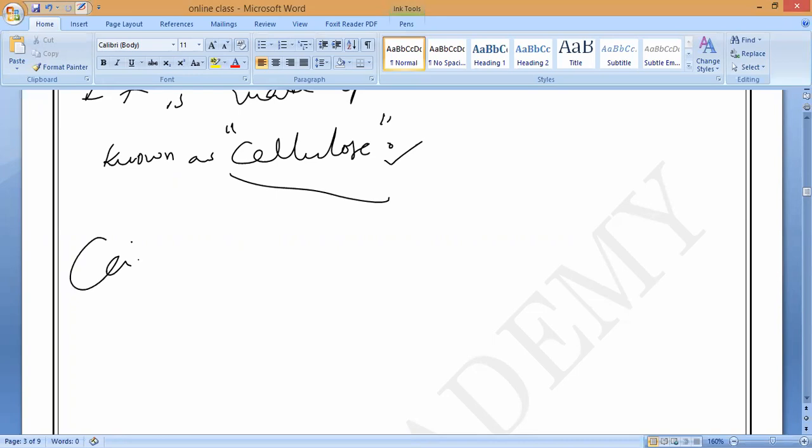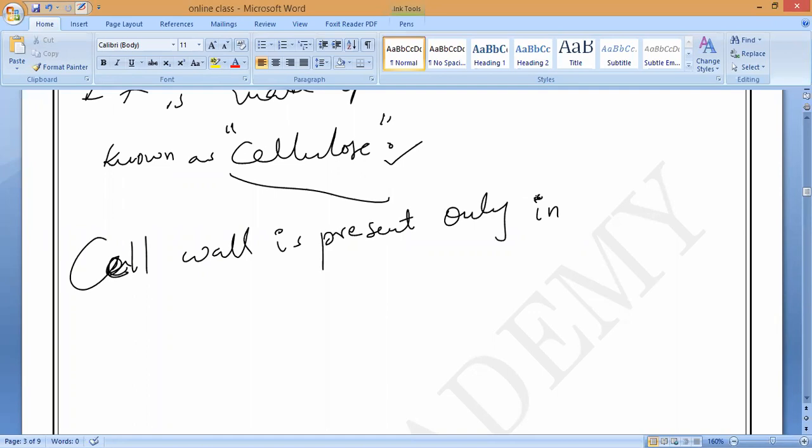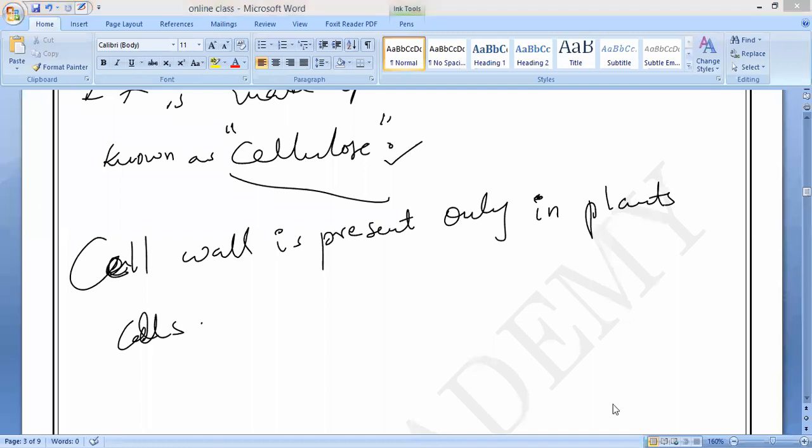Understand, all of you? So the animal cells do not contain this.